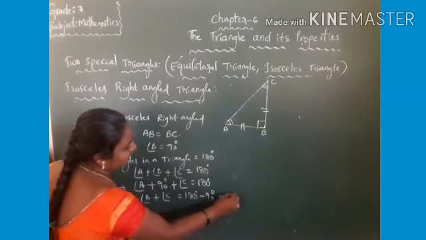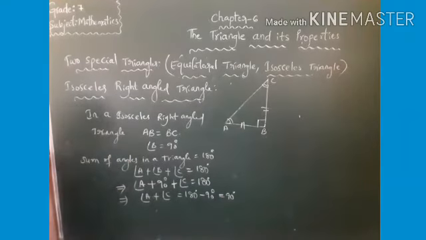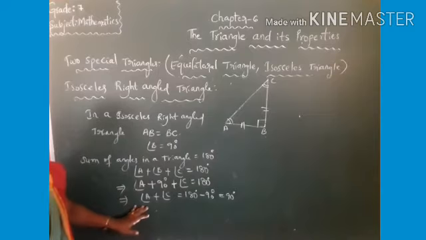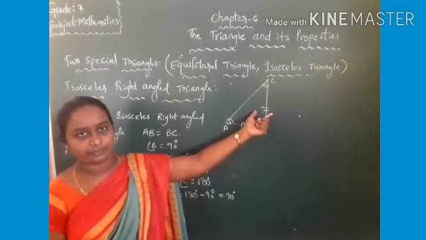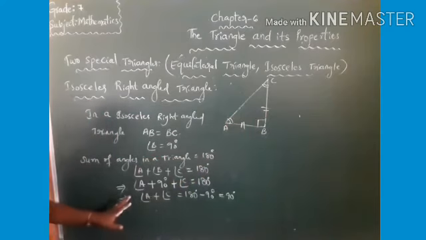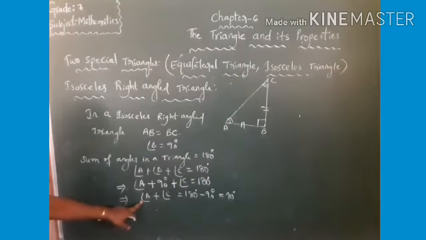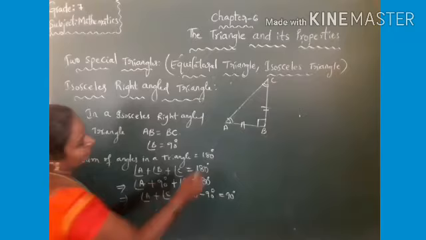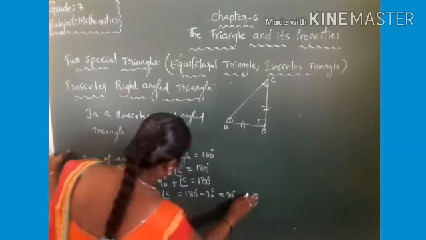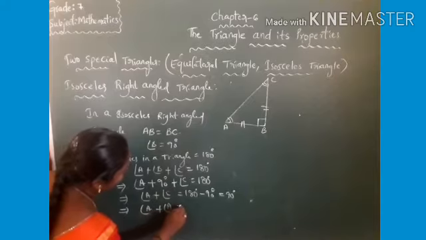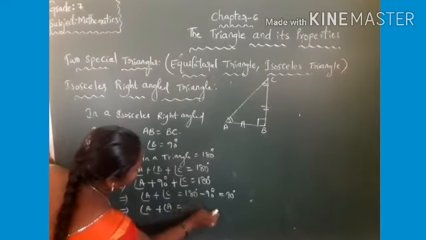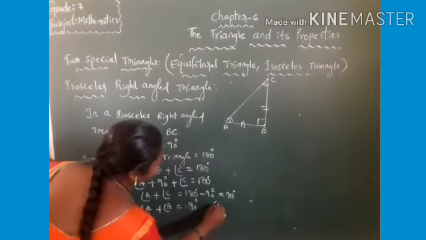Now transpose this one: angle A plus angle C is equal to 180 degrees minus 90 degrees. Right here what I said, the angles opposite equal sides are equal. So angle A is equal to angle C. That's why here angle A plus angle A is equal to 90 degrees.